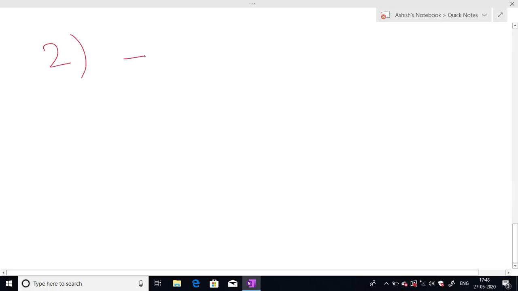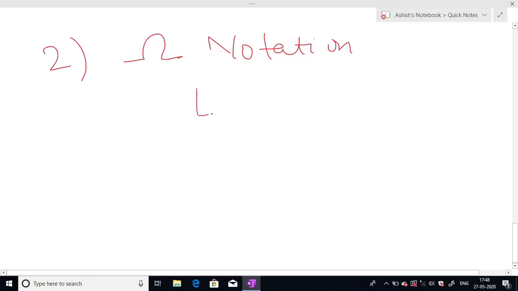Second notation is big omega notation. Just as big O notation provides an asymptotic upper bound on the function, big omega notation provides an asymptotic lower bound on the function.